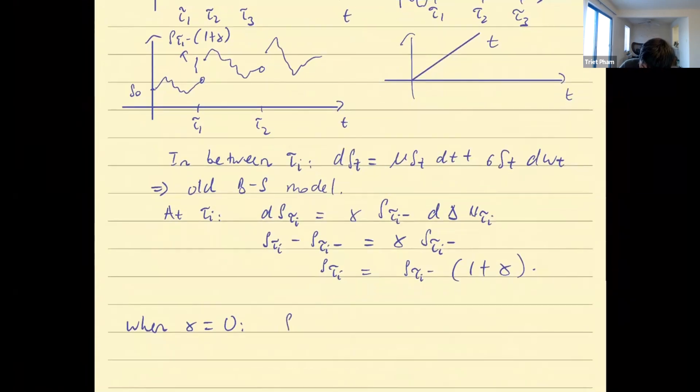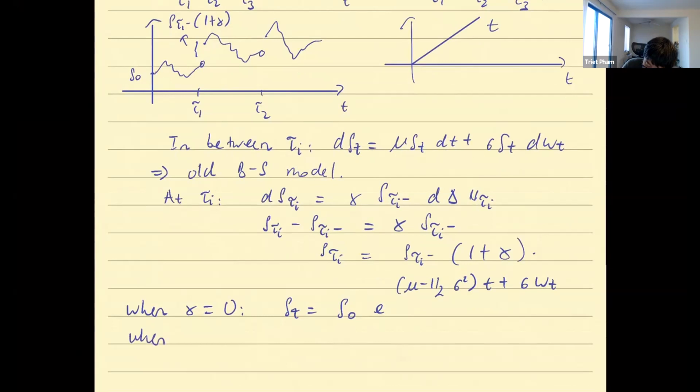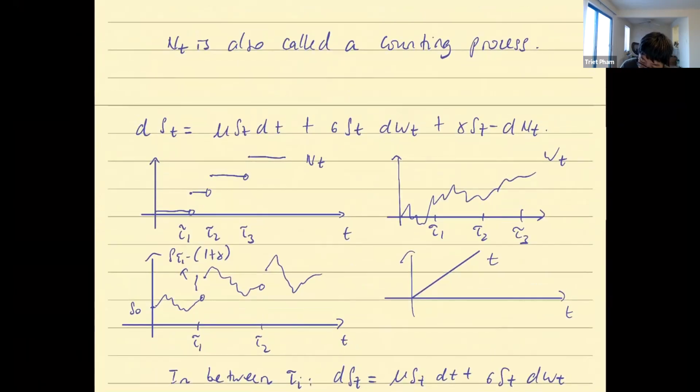Then we got something like this: ST is S0 e to the (mu minus 1/2 sigma squared) times T plus sigma WT. When mu and sigma are 0, so when we turn off the continuous part, we get something else. And by the way, we can call this the continuous component of the stock, and this is the pure jump component.